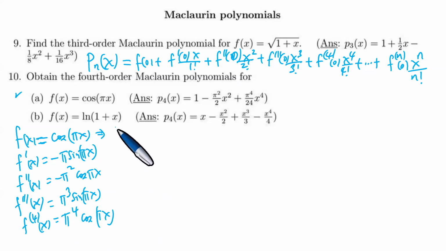But let us find f of 0. Cosine 0 is 1. The sine of 0 is 0. So just substitute the 0. The second derivative is minus pi squared.